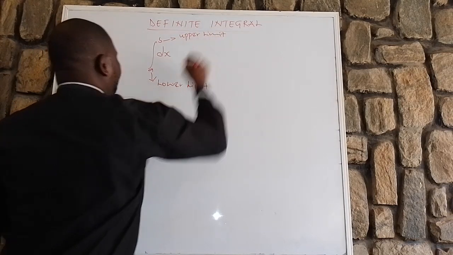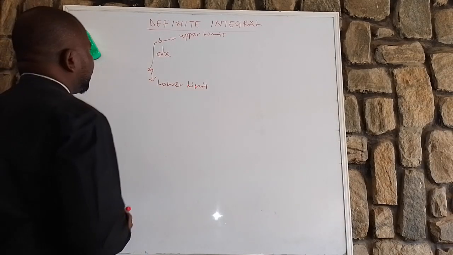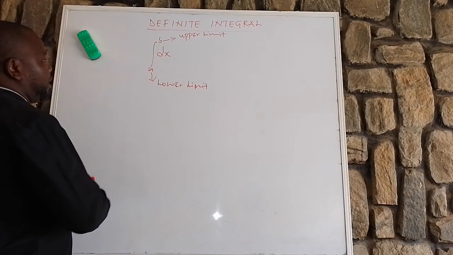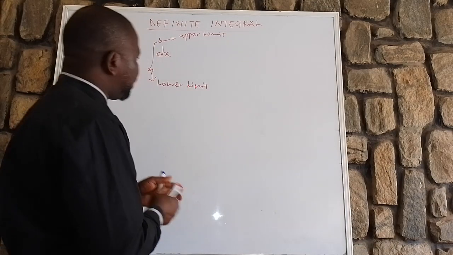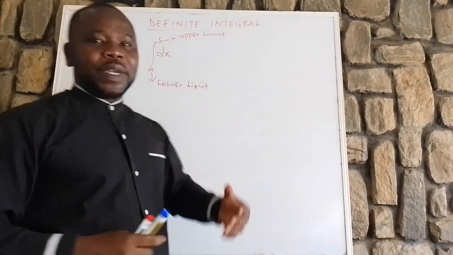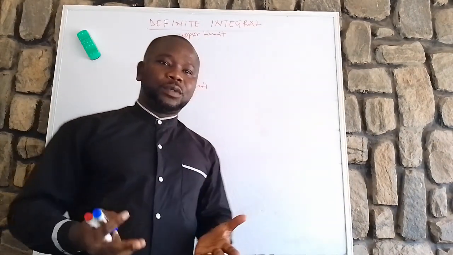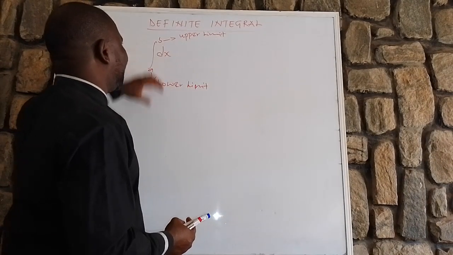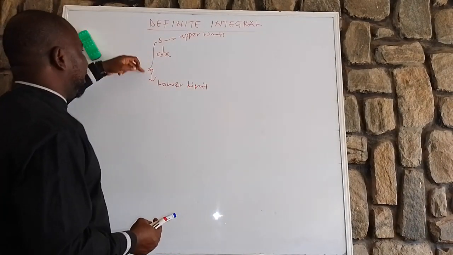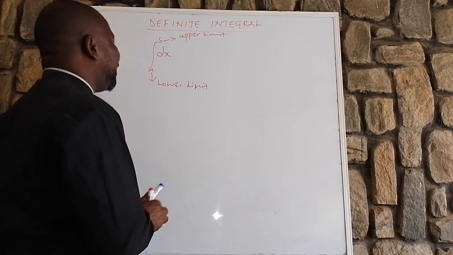Is that clear? The reason it is called a definite integral is that you integrate to obtain a value. We call them definite integrals because they have lower and upper limits.